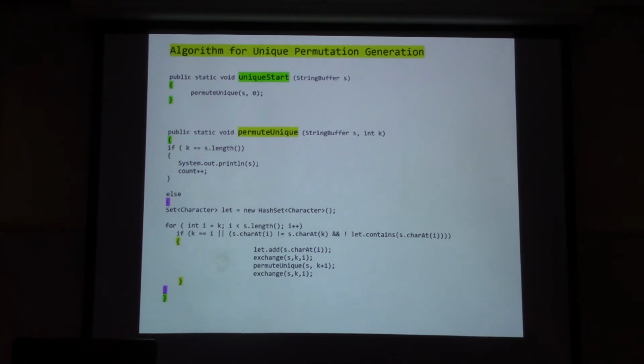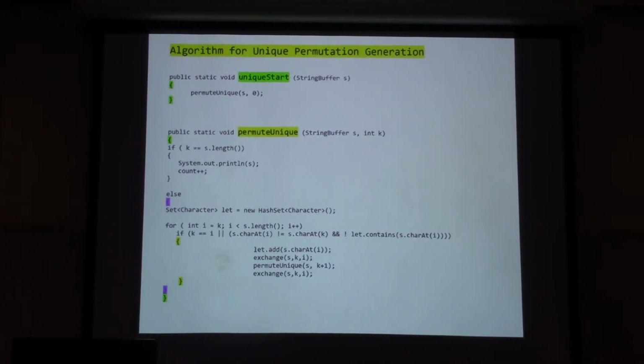And then we're going to go through the whole string. We're going to say if k is equal to i, if they are the same, remember we're looping for i, if it's our first iteration, or the character at i is not equal to the character at k, and the letter set does not contain the character at i, in that case, we're going to go into this exchange.